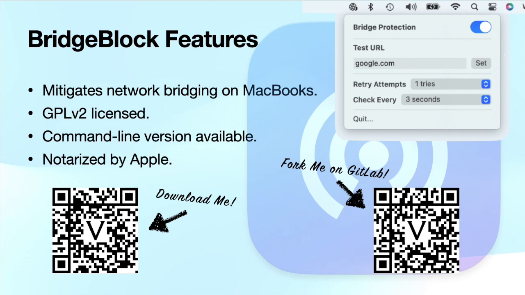It also disables wireless connectivity if wired internet is available, and it automatically re-enables the Wi-Fi when the wired interface disconnects. We have two versions of this: a menu bar app for end users and a command line version for administrators. It's GPL licensed and notarized by Apple, so you know that it's secure.